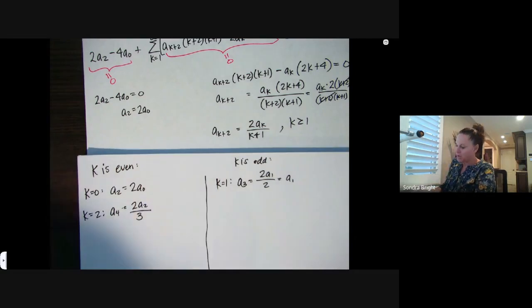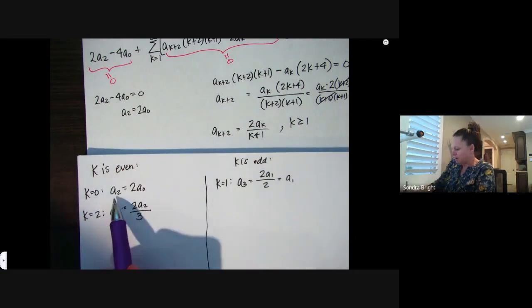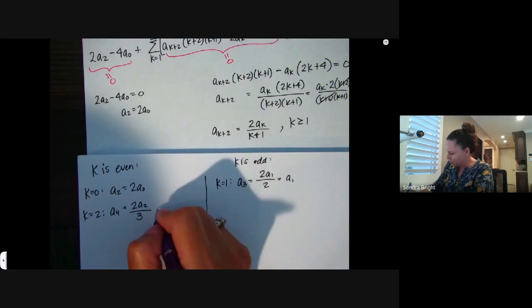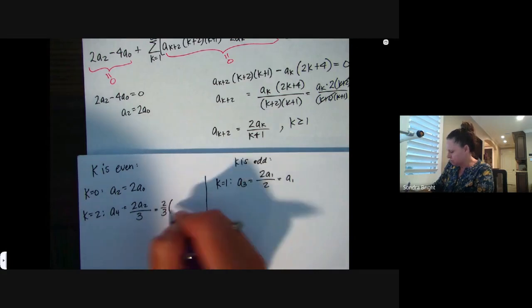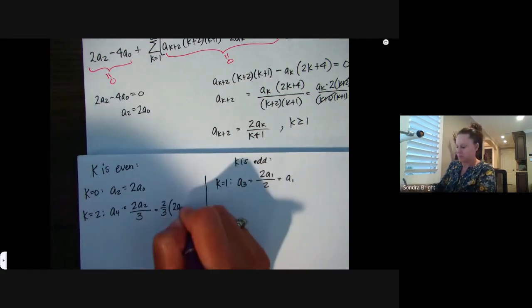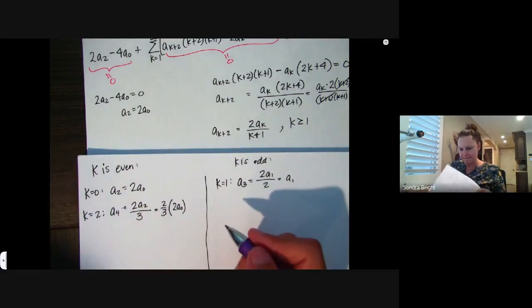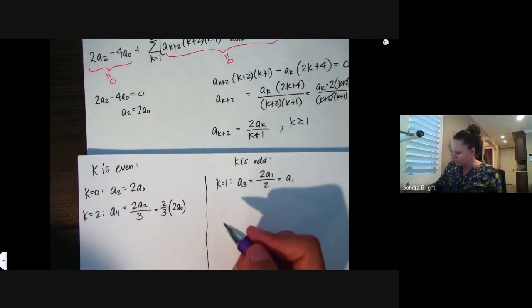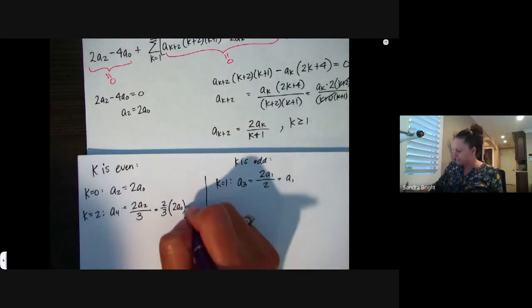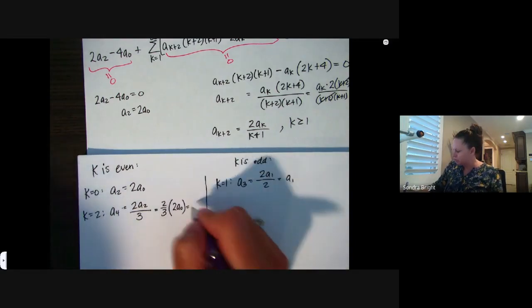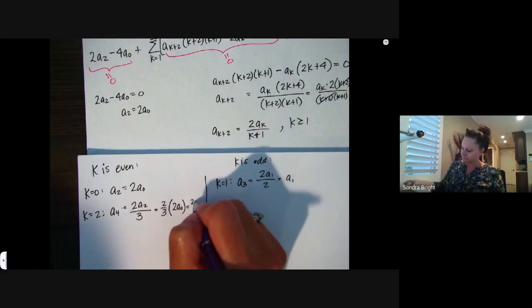But then I know what A2 is. It's 2A naught. So that means this is a 2/3 times 2A naught. All right, I'm going to try and show you the pattern here. So this is a 2 times 2 over 3A naught.